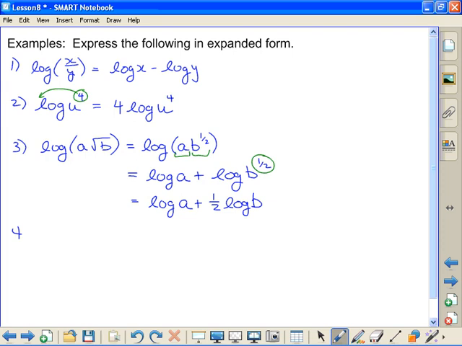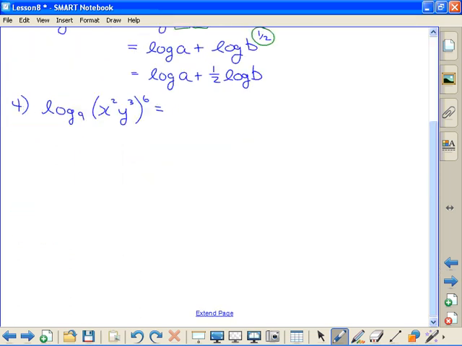All right. The 4th example, what happens if we change the base, not that it really matters, log base 9 of x squared y cubed all to the exponent 6. How do you deal with this one? The way you can deal with this one is to apply your exponent laws.